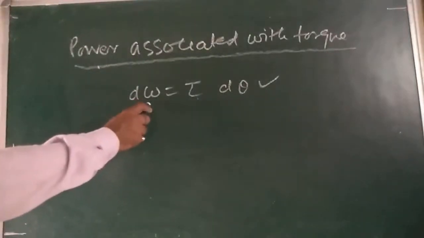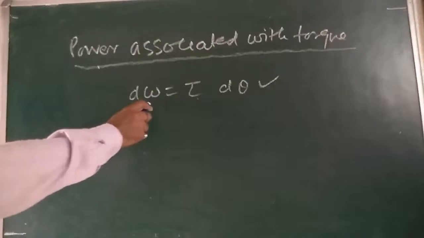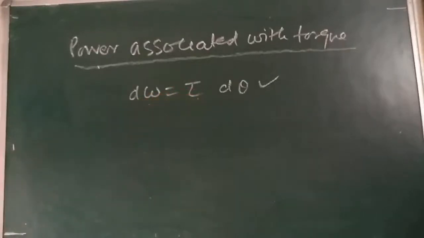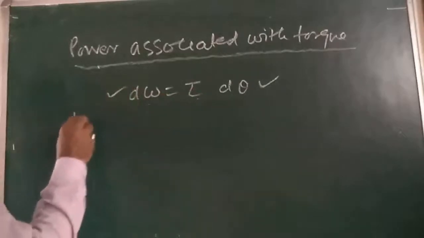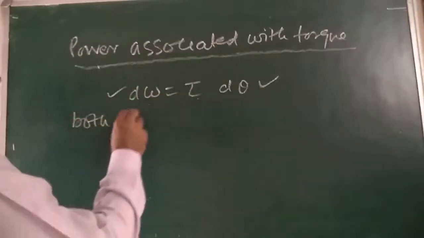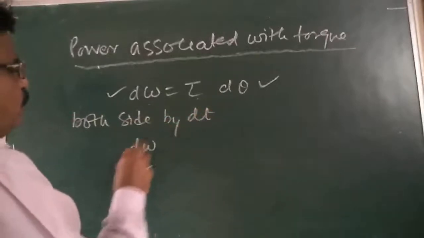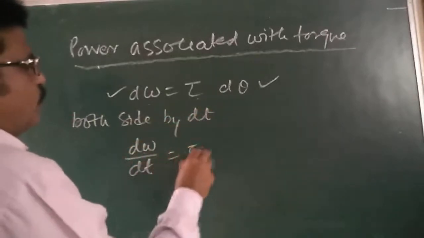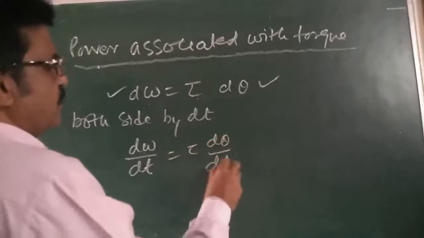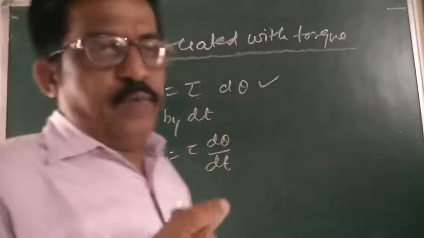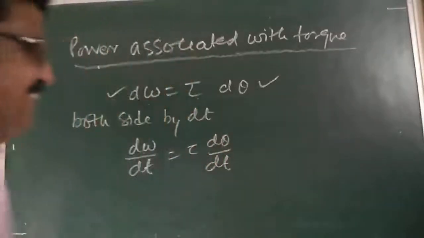If this work is done in a small time interval dt, then dividing both sides by dt, dW by dt is equal to torque into d theta by dt.